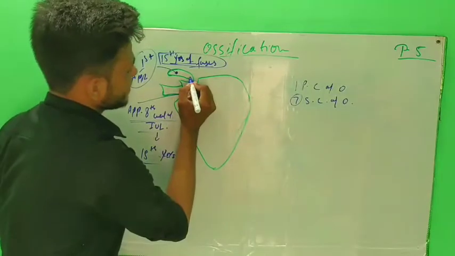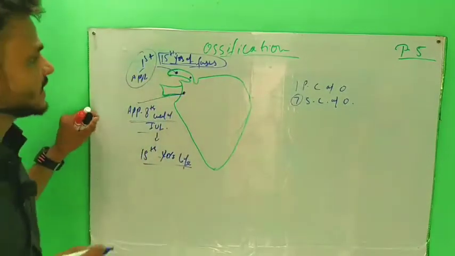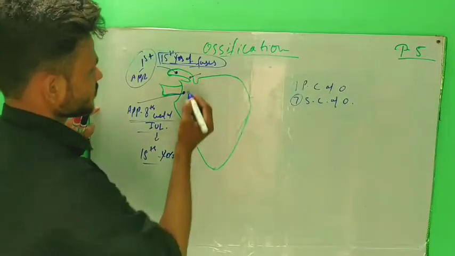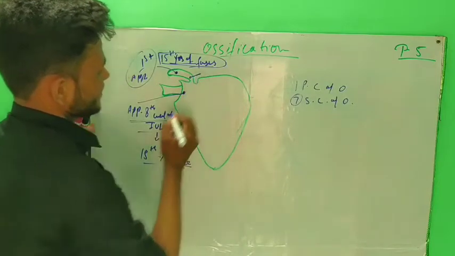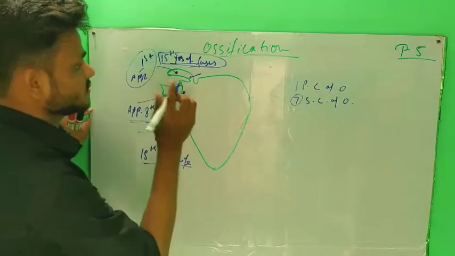The second secondary center of ossification is on the root of the coracoid process.